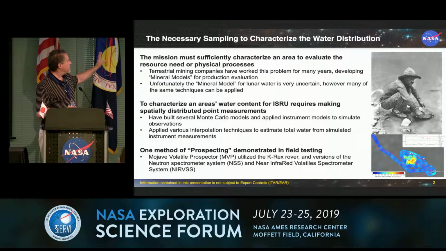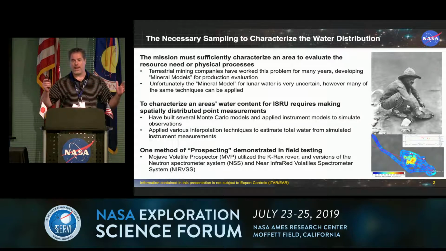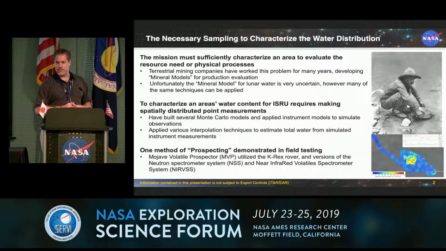What we're trying to understand is the data we need to take to build a mineral model. A mineral model is something you use to go from some other data set to understanding and estimating the total reserves of a resource, for example. To do that, I've built a number of Monte Carlo simulations that look at random variations, distributions of water concentrations and depth, and also included instrument models that include how they measure the water, or hydrogen in this case, and instrument noise, et cetera.